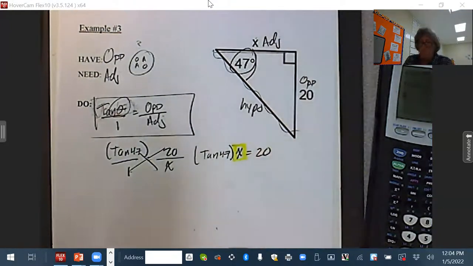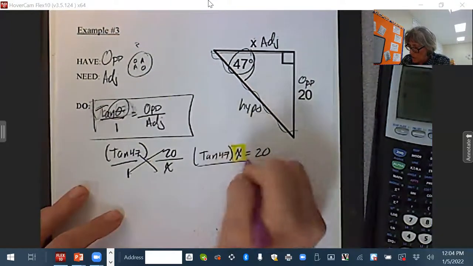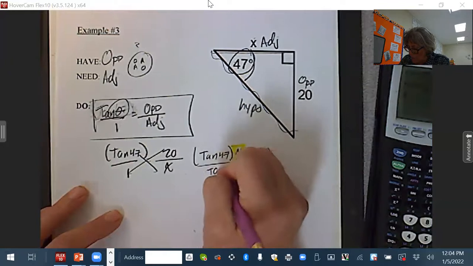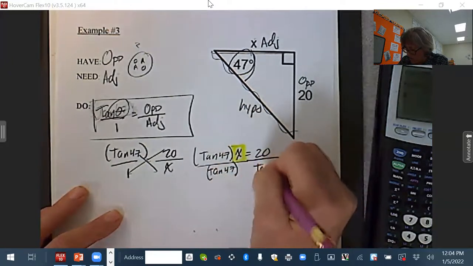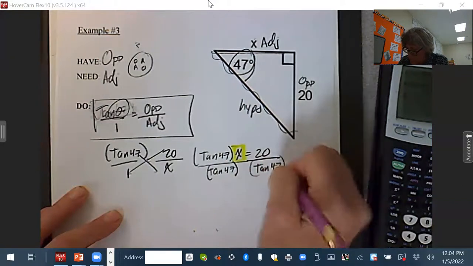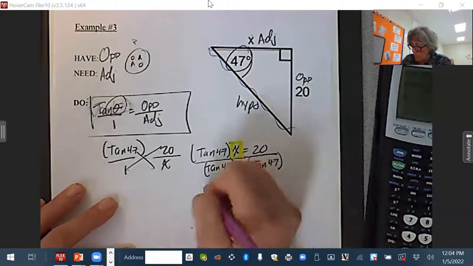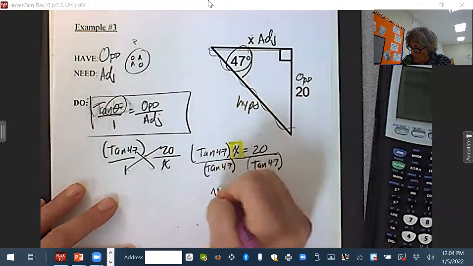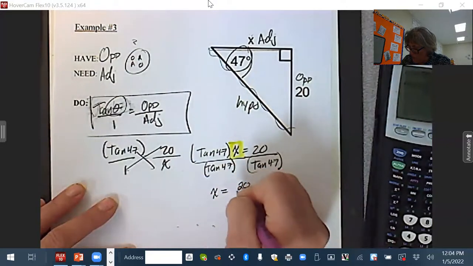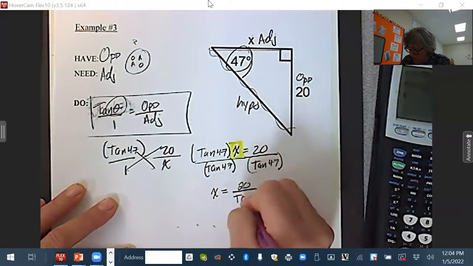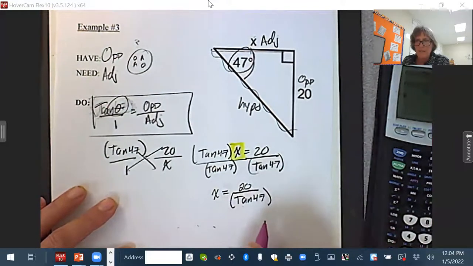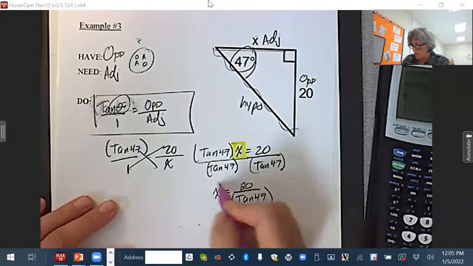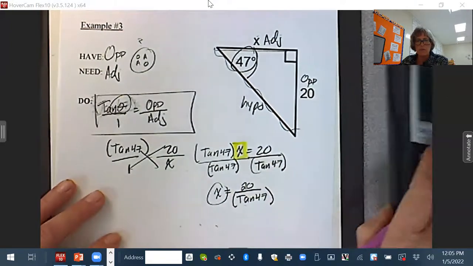X is not by itself. We have to divide out the tan 47. That's a single entity. So if we get x by itself, it's x equals 20 divided by the tan of 47. Notice it's a little different. X is by itself.